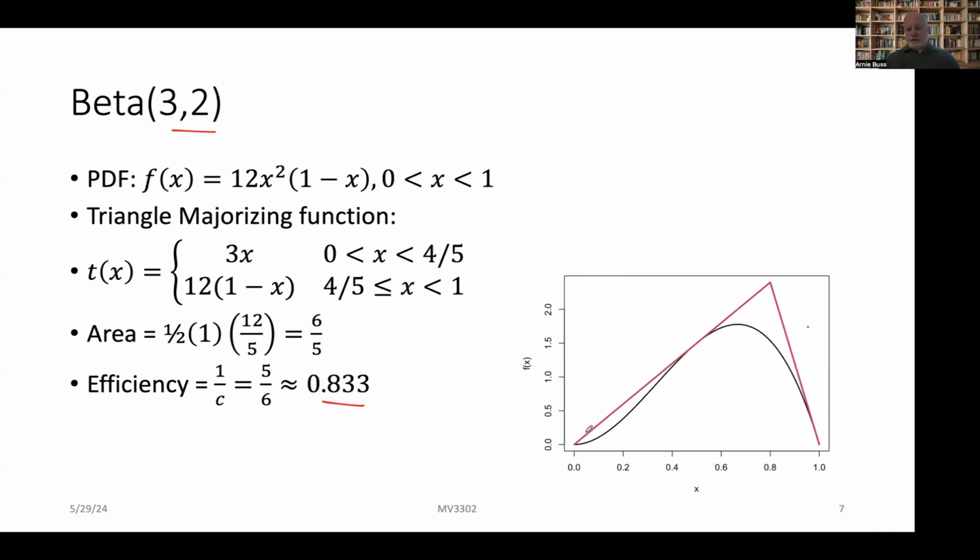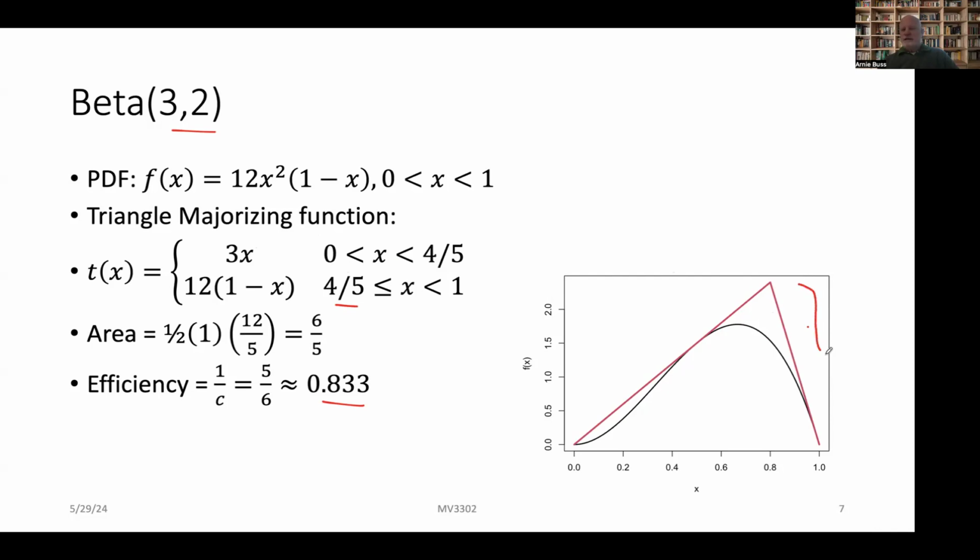So you have a line 3x up to here, and then 12 times 1 minus x. I like to write it like this because when we're working with these 1 minus things, the expressions work out a little bit better. If we solve for where they meet, it's at 4/5, and at 4/5 the height is 12/5.